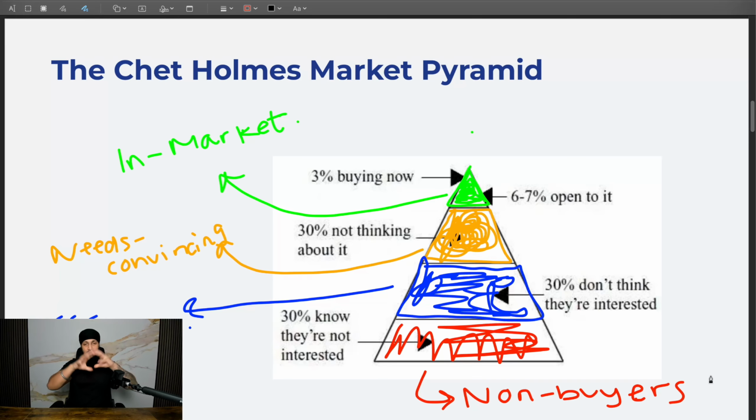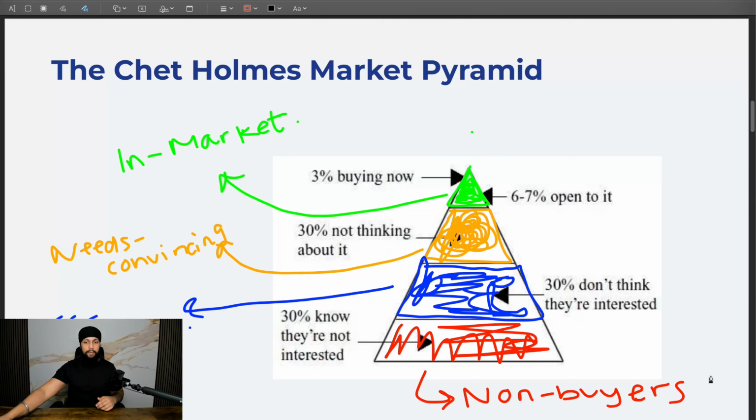And in this stadium that you're selling to, this pyramid that represents your entire market, the entire group of people you're selling to, around 30% of these people are never going to buy from you. Okay, these are the skeptics, the people who don't think that you're even capable of getting them a result. These are the worst of the worst people. Okay, there's no point in selling to these people, or these are people who are just not in your market. Okay, they might identify that they are in your market, but they're actually not.